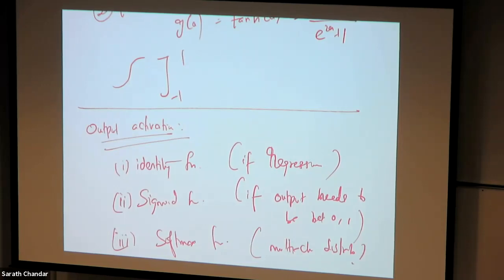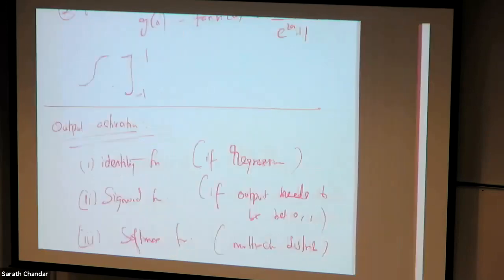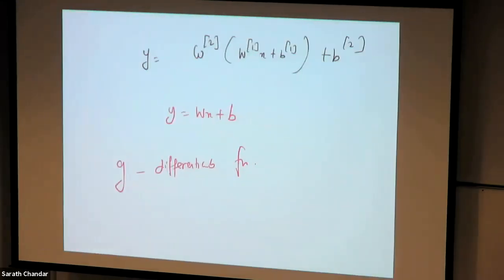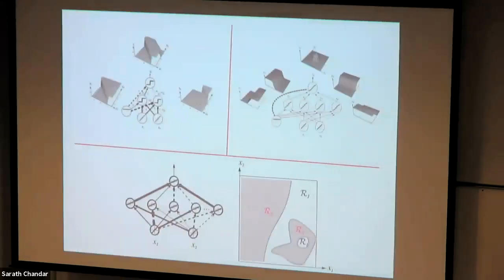Now, I keep telling you that this is a nonlinear model, right? So how would the decision boundary of a neural network look? It is going to be complicated, just like how we have seen the decision boundary for k nearest neighbor. I want to give some examples. So here are some examples.